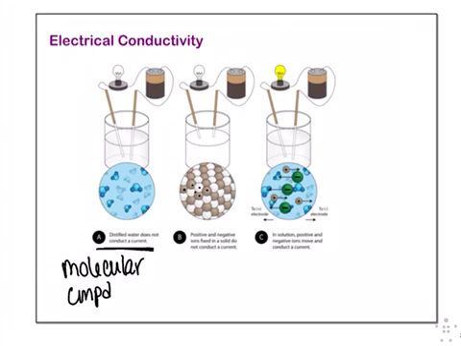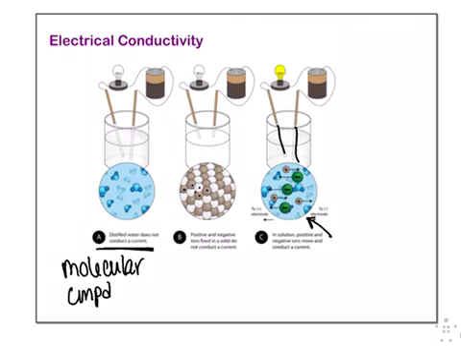Once we dissolve the ionic compound in water, such as this one, the positive and negative ions separate from one another, and they are now free floating and able to move back and forth between the electrodes up here, which allows a current to move.